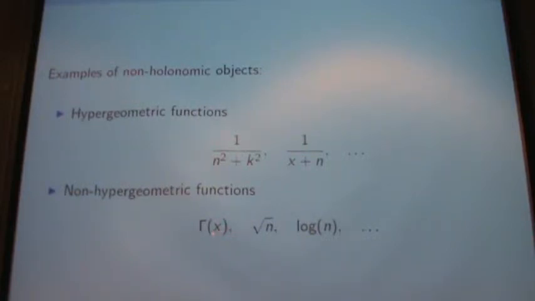If you view this variable as a continuous variable, you can show that the gamma function satisfies no linear differential equation, so it is not holonomic. And there are also results showing that square root of n or log n are not holonomic if you view n as a discrete variable. So these are the typical non-holonomic objects.